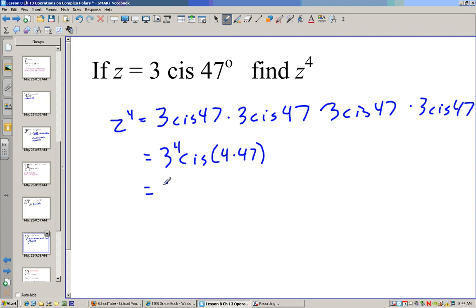So 3 to the fourth is 81. 47 times 4 is 188. So 81 CIS 188.